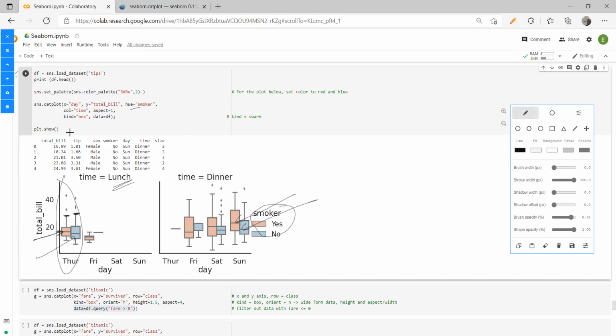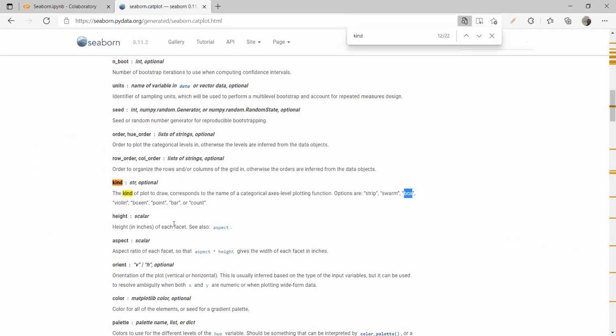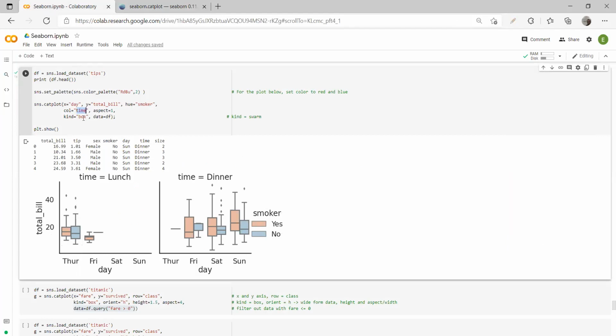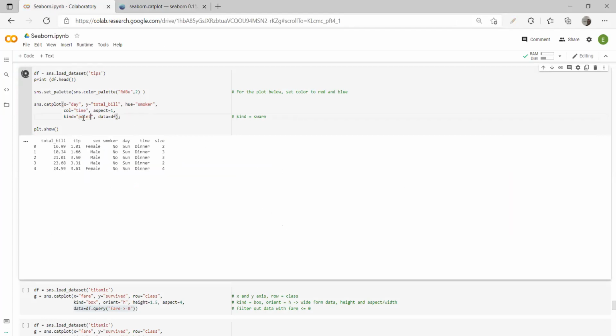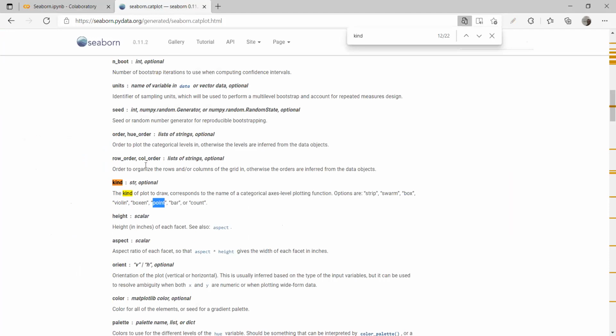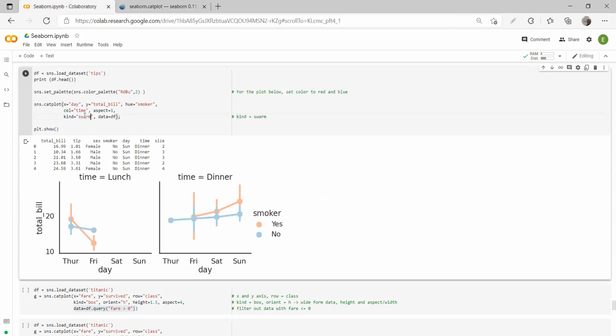So you can just play with different options that you have. Point plot, so it is giving you a point, right? Just like we saw before. And let's change back to the dots.